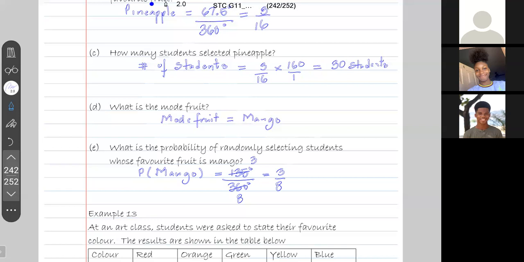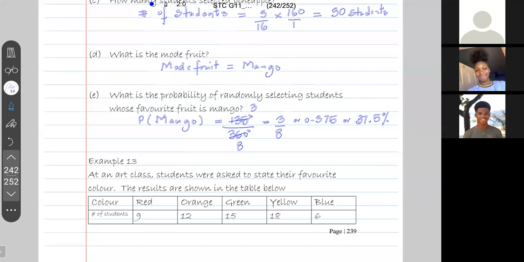The probability of selecting mango is 3 out of 8, which is 0.375 or 37.5%. So there's a 37.5% chance that a student from this group would have selected mango as their favorite fruit.